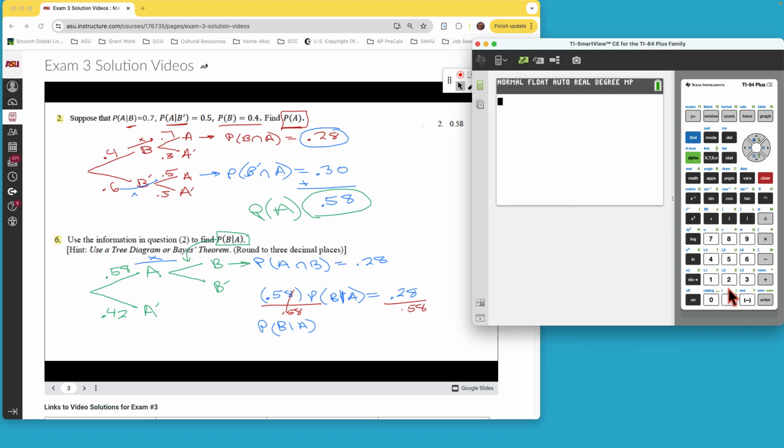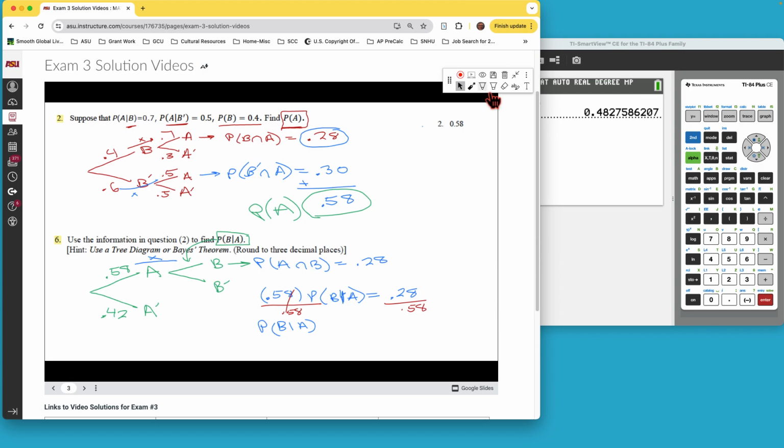We can do that: 0.28 divided by 0.58, and we get 0.483 if we round to 3 decimal places. Just to make it a little nicer.